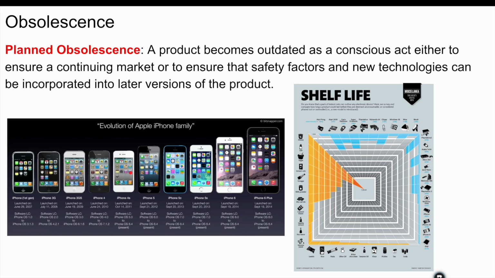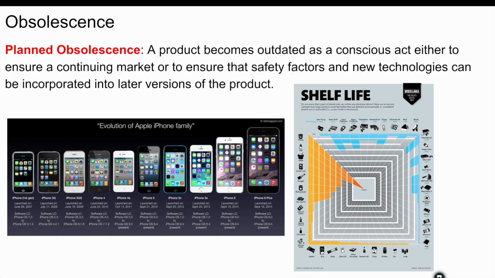So if you have an iPhone 4S, you are probably not able to run, say, an iPhone 6 operating system on there, or maybe you can, but definitely not the operating system that you would find on, say, an iPhone 17, whatever they're at right now. So that would be planned obsolescence, because essentially you're consciously bricking it, or making it so that that product can't be used, so that you can continue to sell new phones within the market.